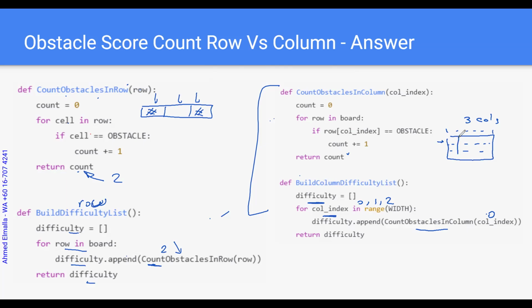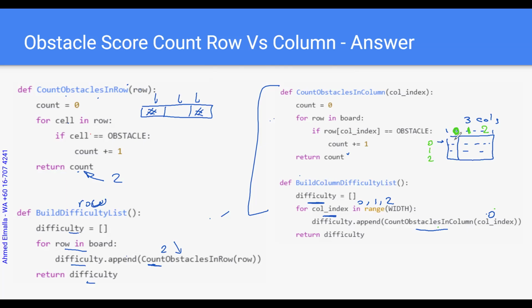So we will go through all the rows here just to check, for example, column index 0 here. This is 0. Okay, so this is column index 0. We have 1 and we have 2. So we have 3 columns. Okay, so when we call this function with the input 0, we will find ourselves going through every row. So this is row 0, row 1, and row 2.